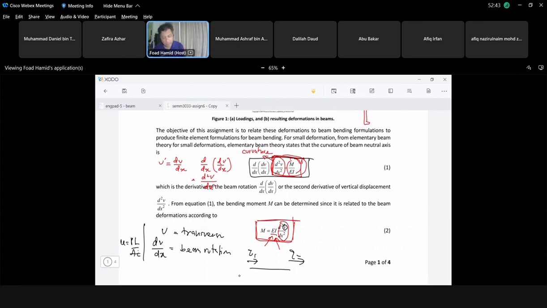Remember, this is at node 1 and node 2. The problem was, what if we want to find the displacement at this location? This is where you use your shape function. And again, this question about shape function in test 1 is the last question: the displacement at location alpha.